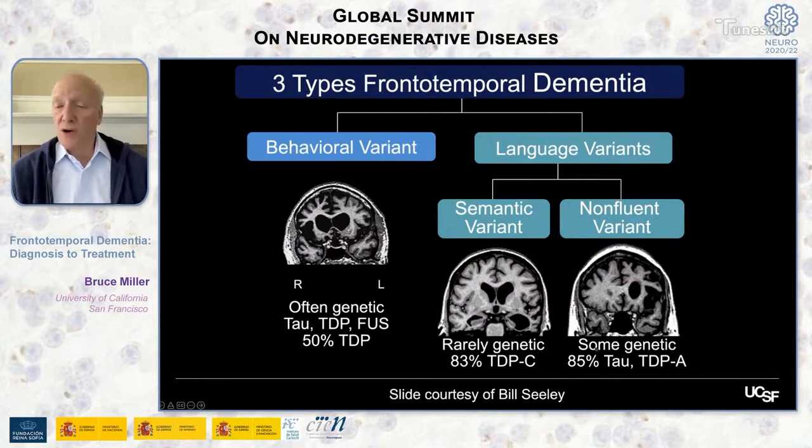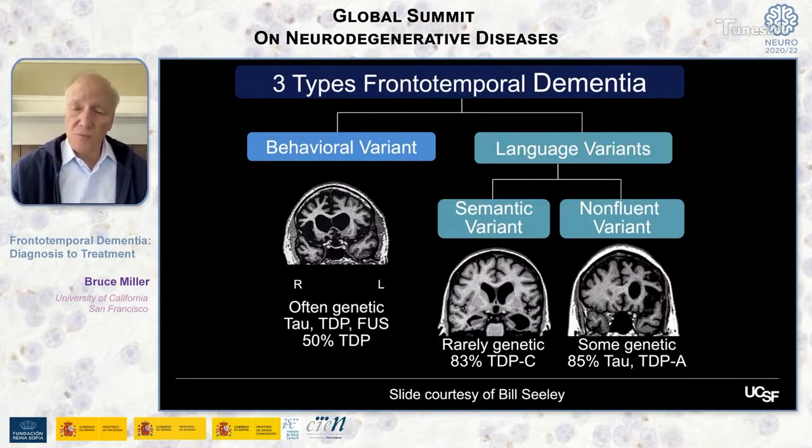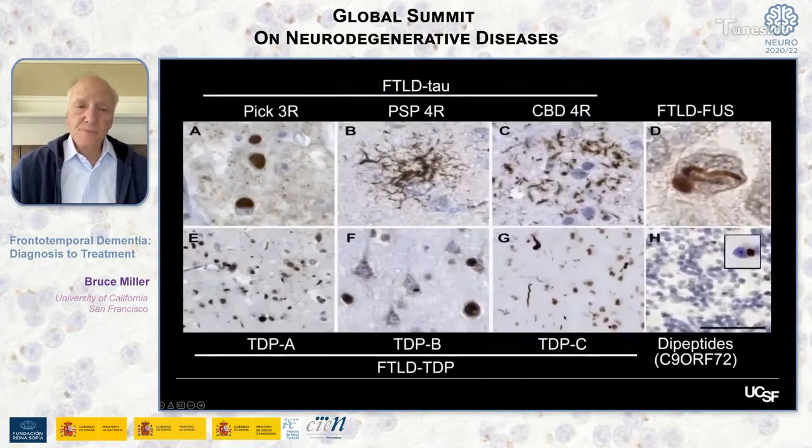Most of the cases, though, are caused by tau. 85% of the cases in our brain bank at UCSF are associated with tau, and at least 50% of our cases are associated with cortical basal degeneration pathology. Three different syndromes, three different anatomies, different sets of genes, and different pathology.